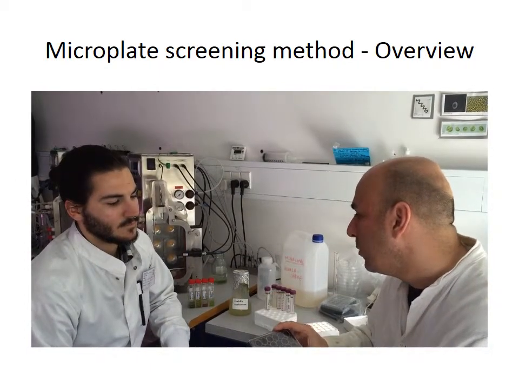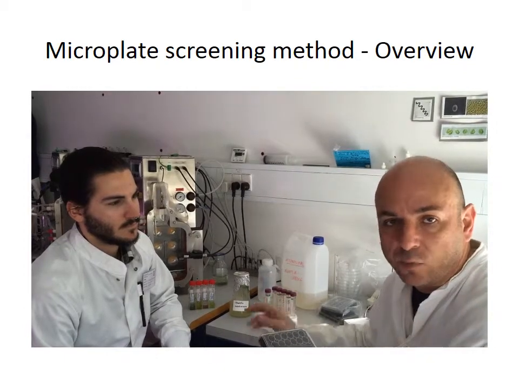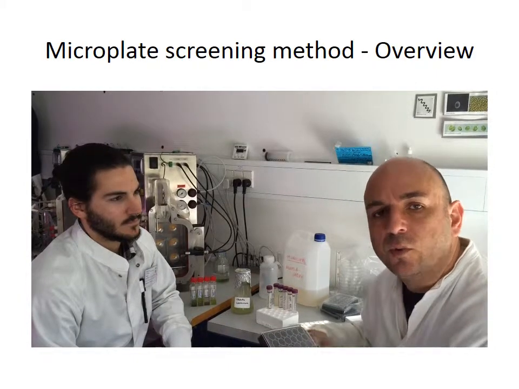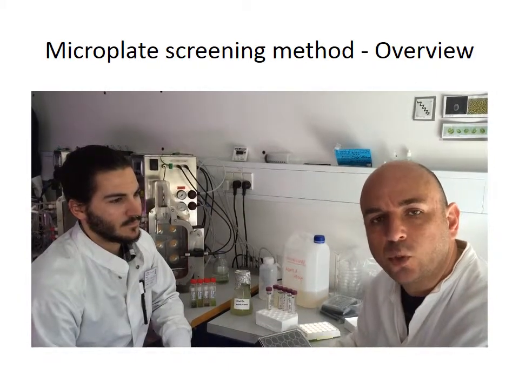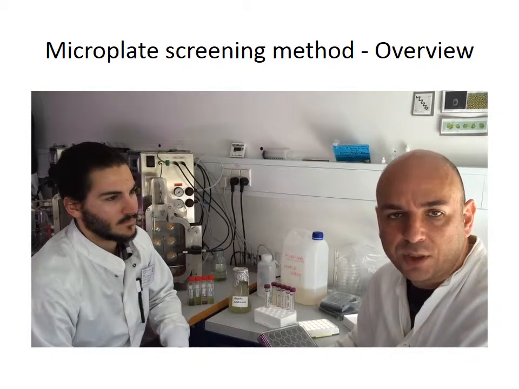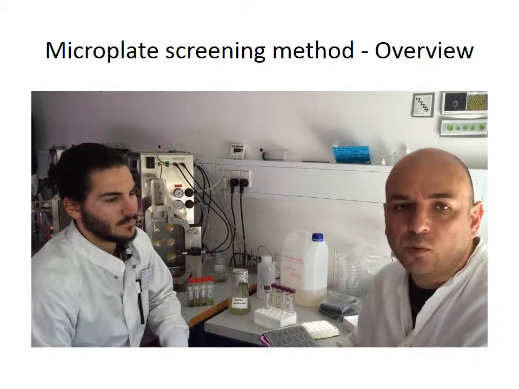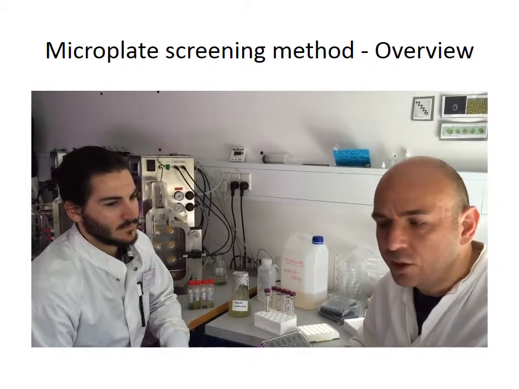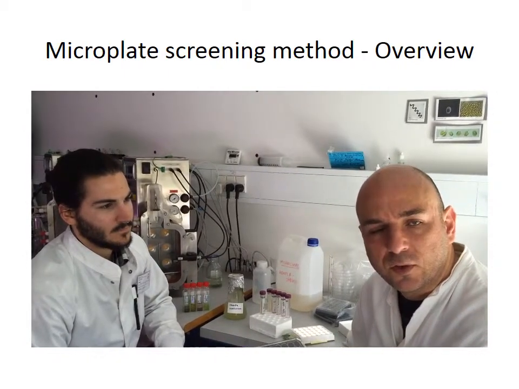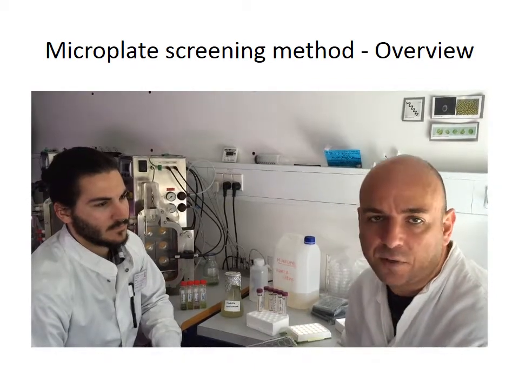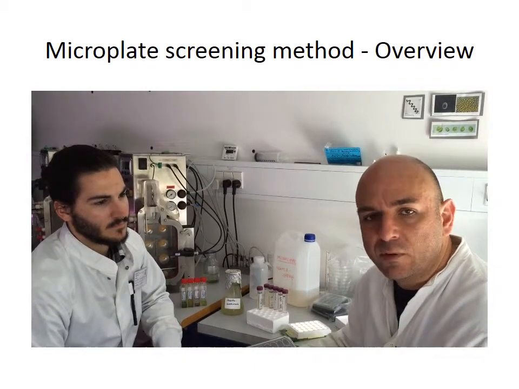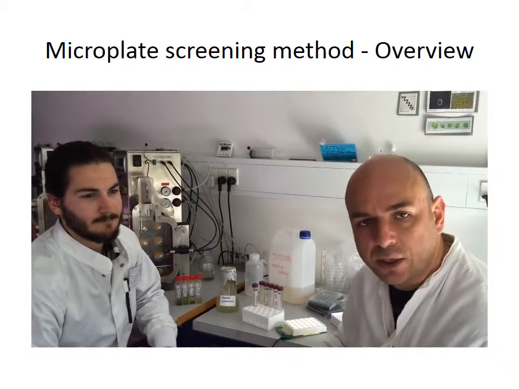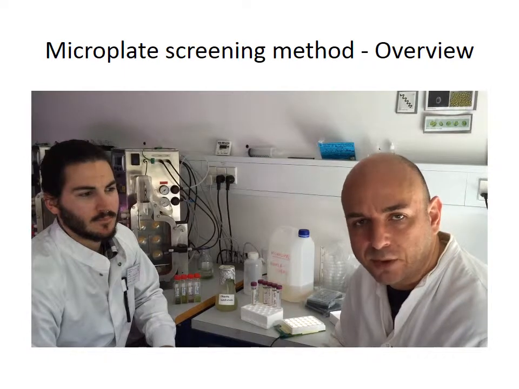So, as I said before, we have a number of species and a number of wastewaters. We could imagine a scenario in which we have a specific wastewater and we have 10 strains and we want to know which one is the best for growing in this wastewater. We can have several wastewaters and we want to know which one is the best for a specific strain of microalgae, and eventually we can imagine a scenario in which we mix different wastewaters, because some of them have a certain amount of nutrients that are complementary to other wastewaters, and we want to find the best combination.